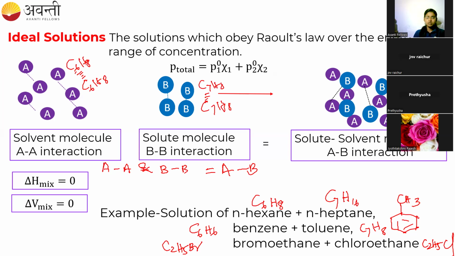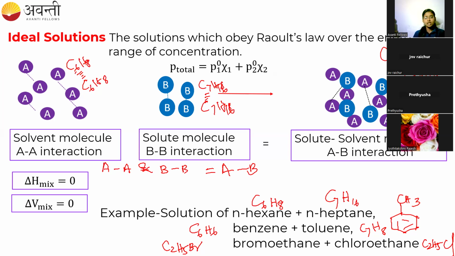And it will be equal to that between one hexane, C6H14, and one heptane, C7H16. So here also the attraction is the same between hexane and heptane. Okay, clear? So in all these cases, the attractions are the same.